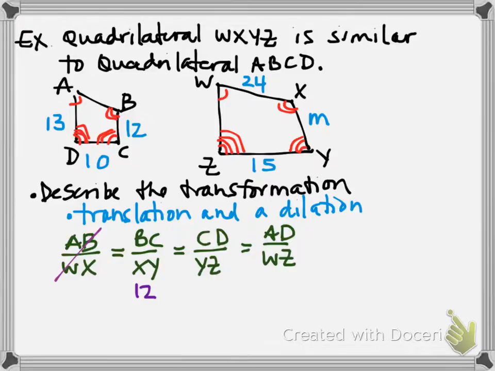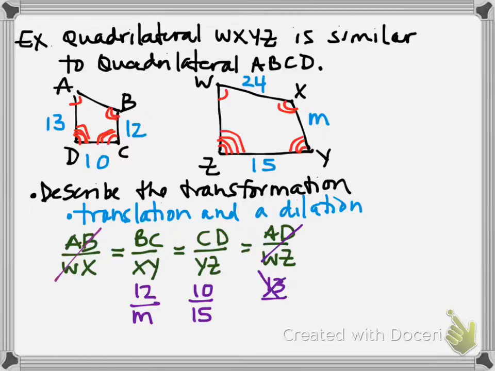Do I know the length of XY? Yeah, they've written something there. M. That's okay, we can write that. And do I know the length of CD? What did they tell me there? Do I know the length of YZ? 15. Do I know the length of AD? 13. Do I know the length of WZ? Oh, so that means I can't use this one.